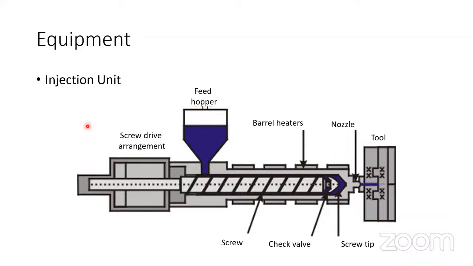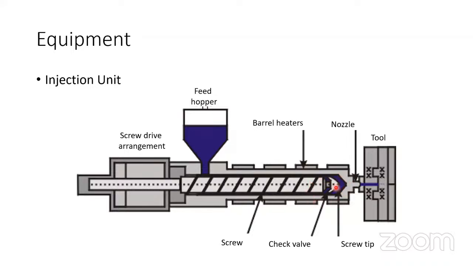With the rotation it gives to the screw, and second, it will push the screw backward. At that time it creates the shot at the front side. The screw tip may be here, and here may be the shot prepared by the screw.